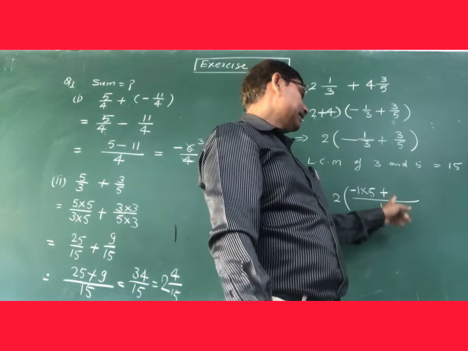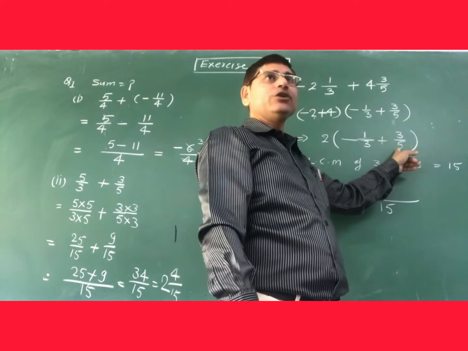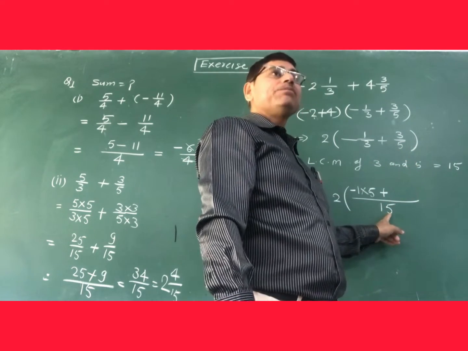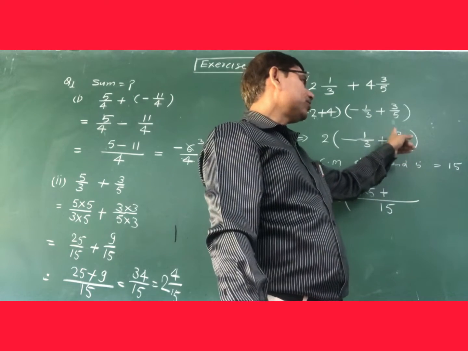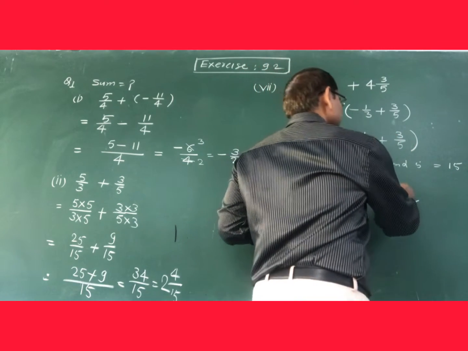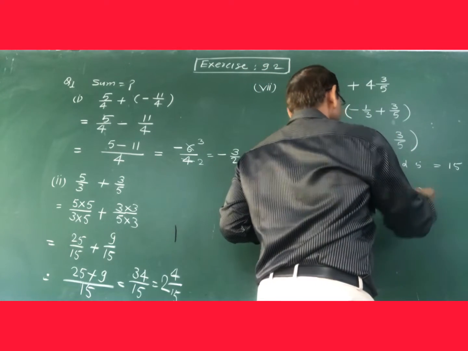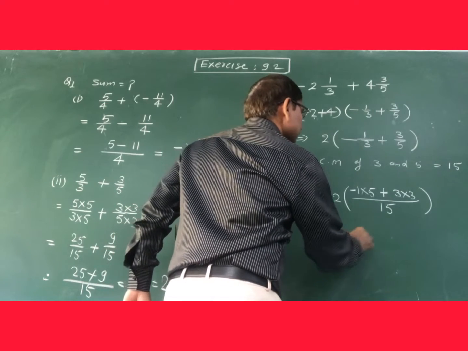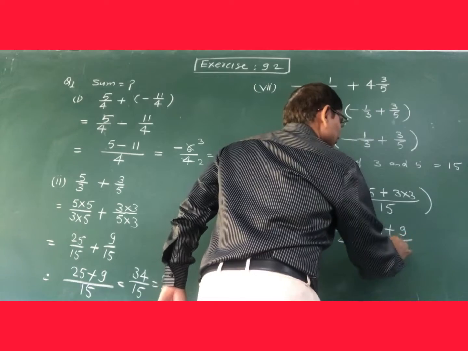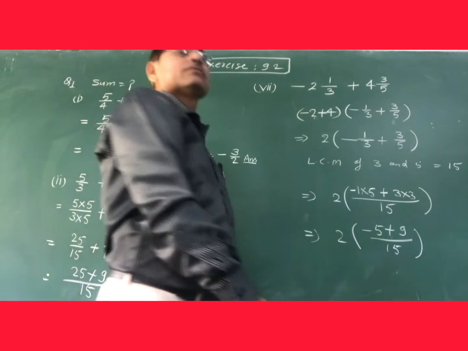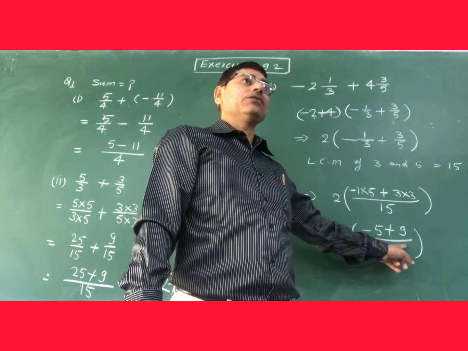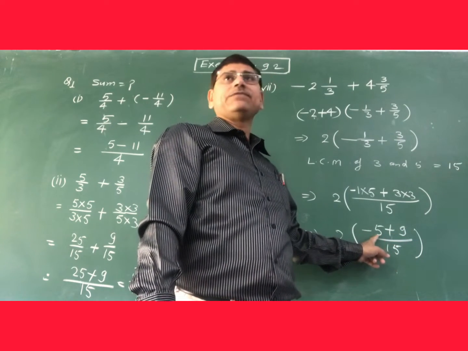After that divide this 15 by the second denominator, that is 5. So 15 by 5 means 3, and 3 you will multiply in this numerator, that is 3 into 3. So dear, you will get minus 5 and plus 9 upon 15. This is the negative and this is the positive sign. Okay. So 9 minus 5.